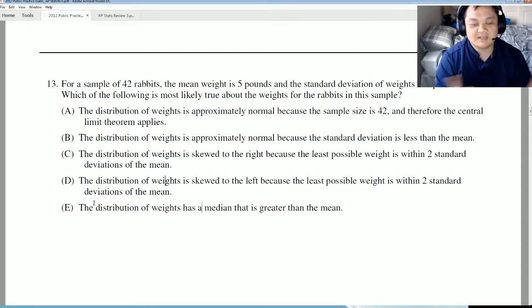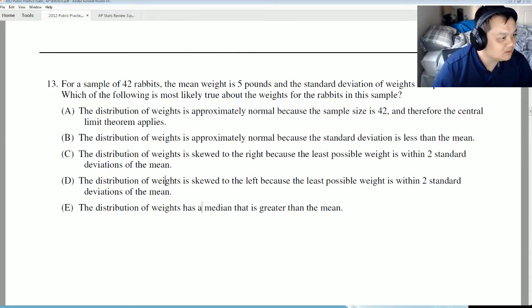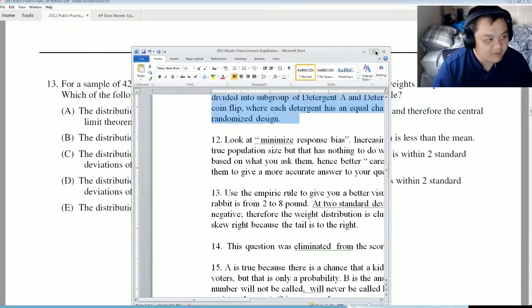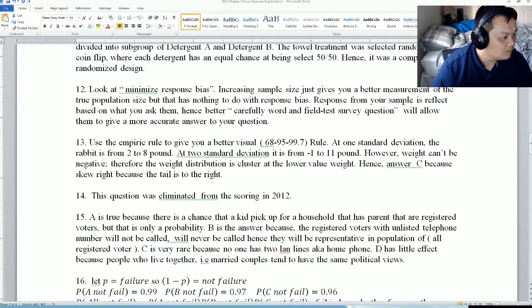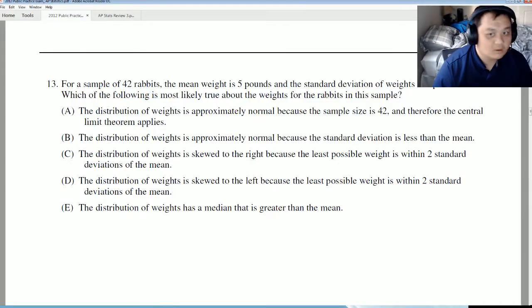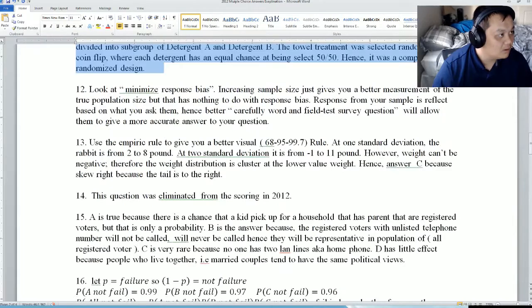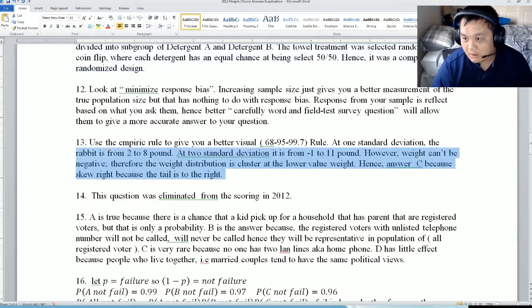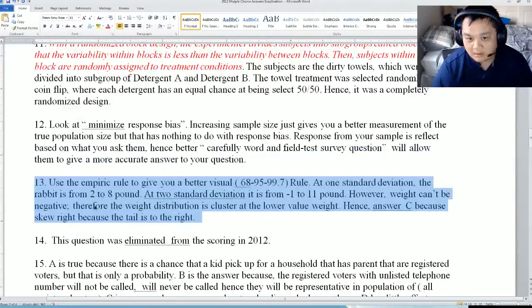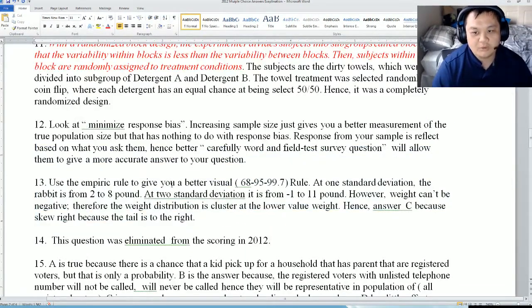Can you see my screen? All right, so I wrote it here. Using the empirical rule, you get a better visualization. 68, 95, 99.7. You know what that is, right?